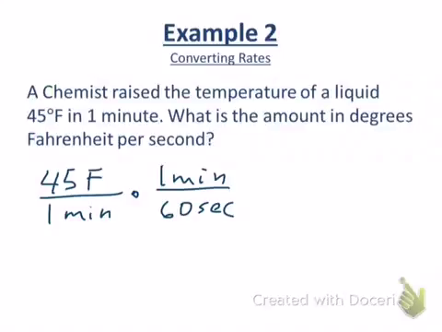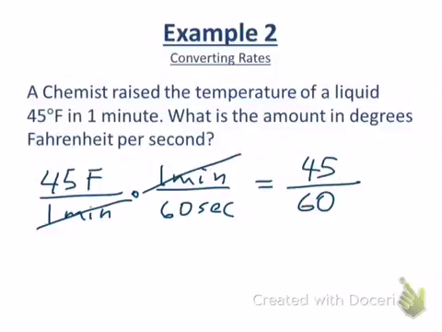All right, so we'll cancel the minutes, which is what we want to happen, and what we're left with is 45 over 60, right? This is degrees Fahrenheit over seconds, but I want the amount in degrees per how many seconds?